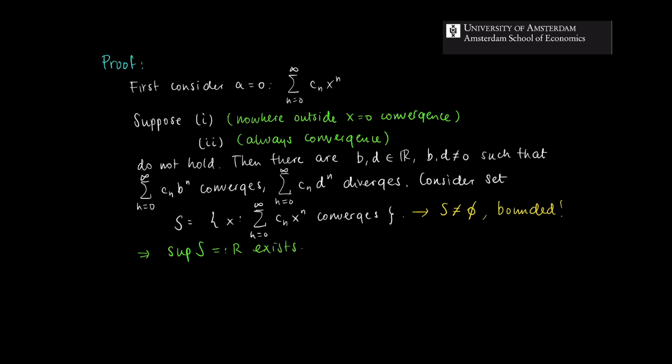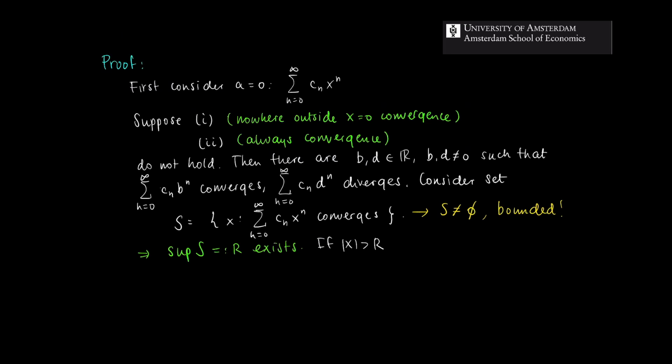So we're seeking this number R such that if x in absolute value is larger than this R, then we see divergence, and if x in absolute value is smaller than this R, we see convergence.